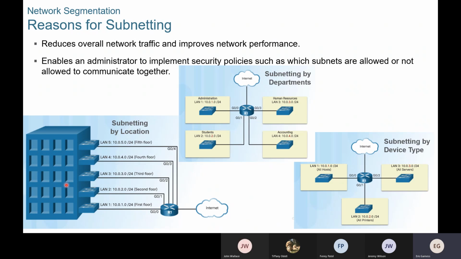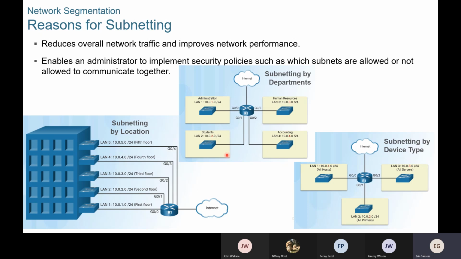You assign to each floor of the building a different local area network. This is the first division. It's a geographical division.